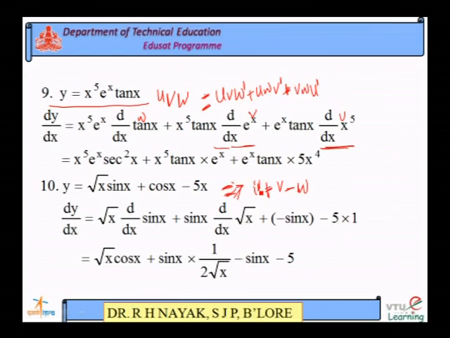You see, in place of u, what is there? We have root x into sin x. Root x is to be taken as u, sin x is taken as v.